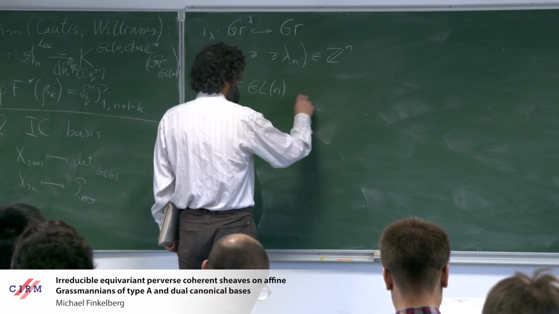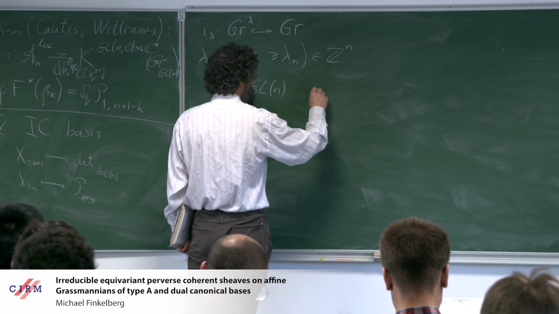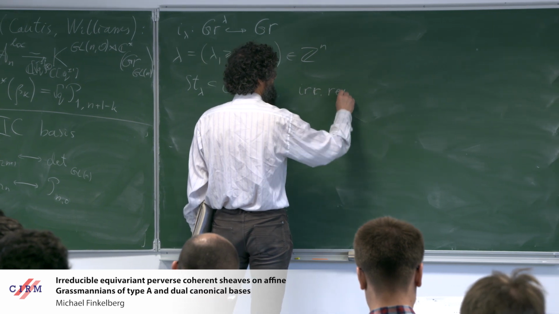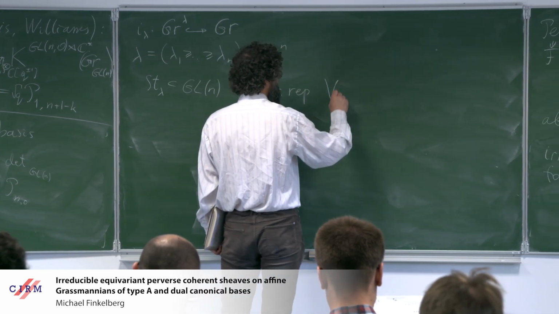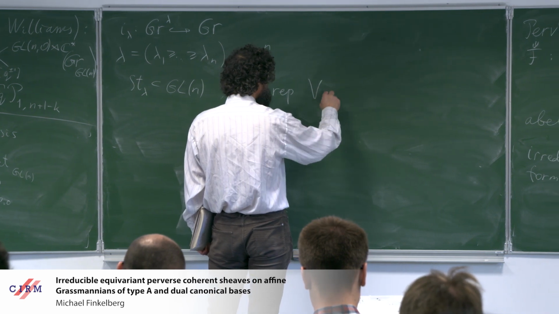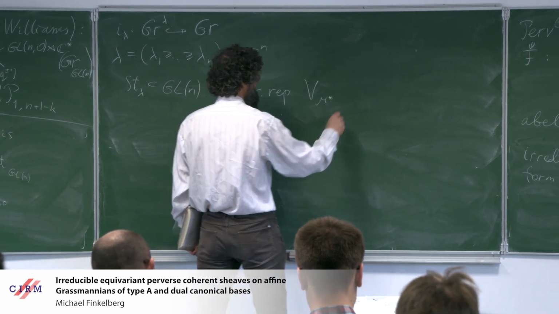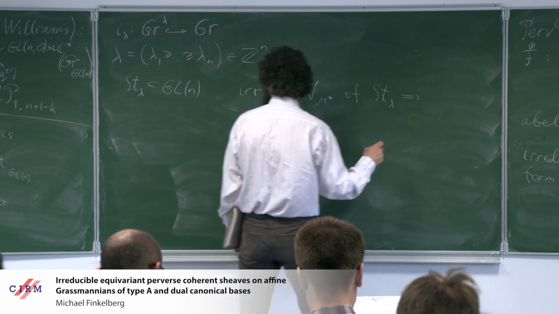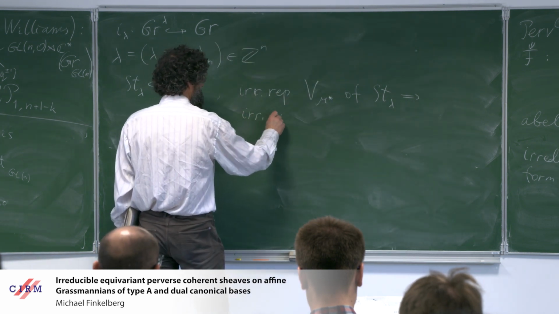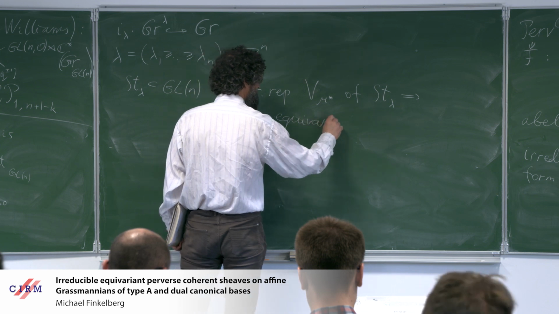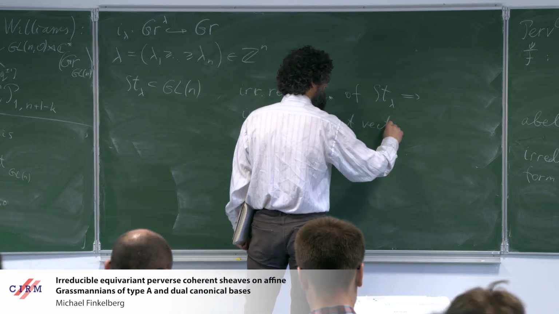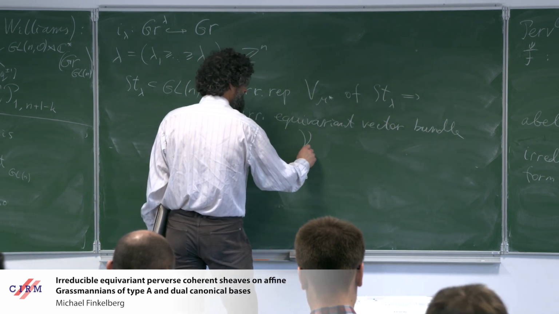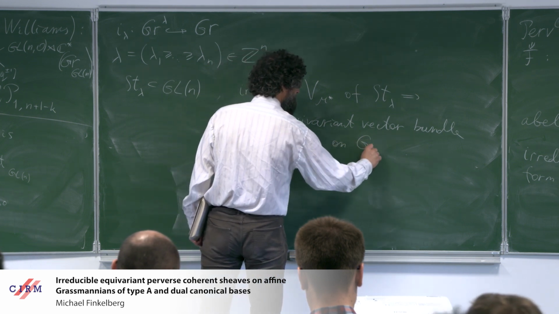And then I consider an irreducible representation V, maybe dual, of this stabilizer. And it gives rise to an irreducible equivariant vector bundle V mu dual on the orbit.